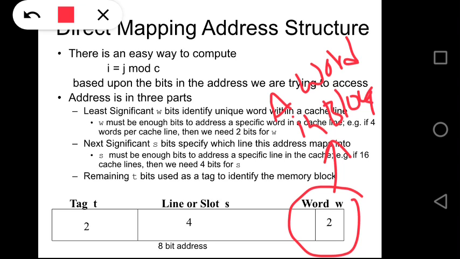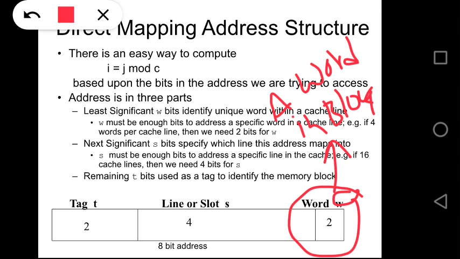But we should also identify the block number. So the least significant W bits, in this case 2 bits, identify a unique word within a block in the cache.